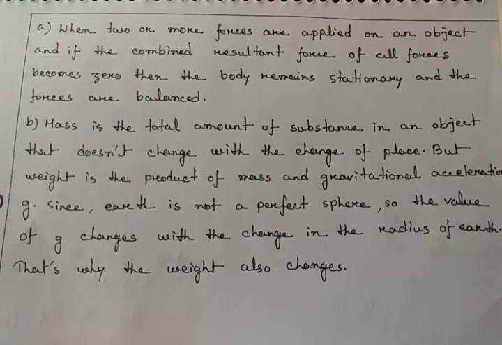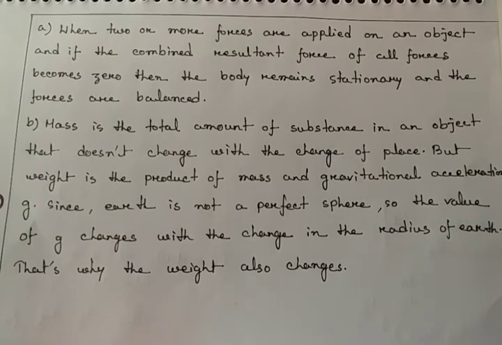So first of all, our first question is, what is balanced force? You have learned about balanced force: when two or more forces are applied on an object at a time, parallelly, and if the combined resultant force of all acting forces becomes zero, that means the net force is zero, then the body remains stationary, though we are applying several kinds of forces on that object.